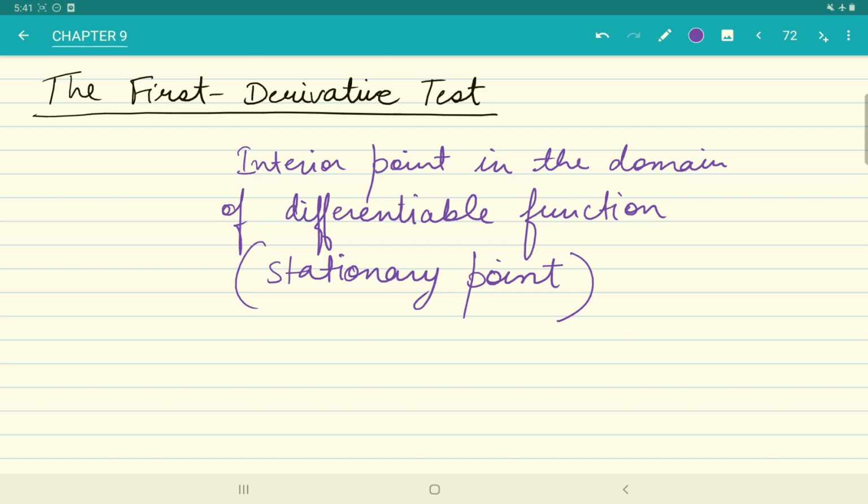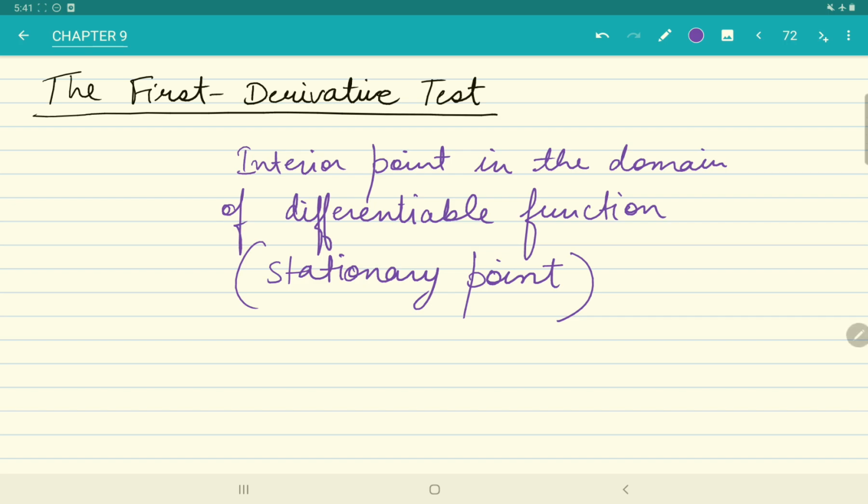As we have already seen, we just cannot calculate the function values at all stationary points and get to the maximum or the minimum out of those. That's not what we are going to do. So what is the procedure that we have to follow in order to determine whether the stationary point we have is a local maximum, a local minimum, or neither?